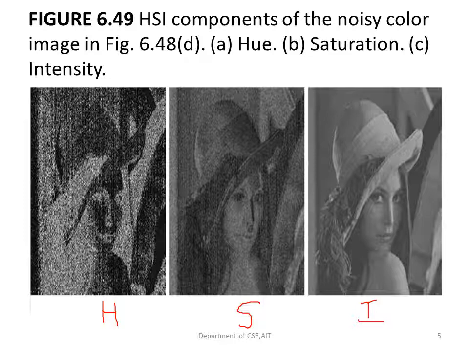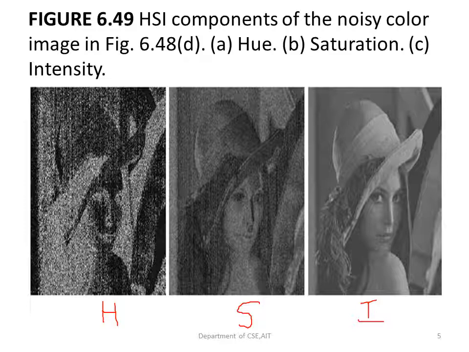It is because of the non-linearity of the cos and the minimum operations we applied in equations 6.22 and 6.23. In 6.22 and 6.23 we were discussing how to calculate H, theta and S by making use of the RGB color components, by making use of the cos inverse and also by finding the minimum of R, G and B.